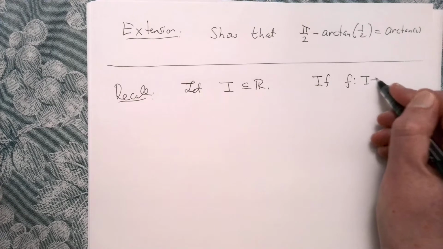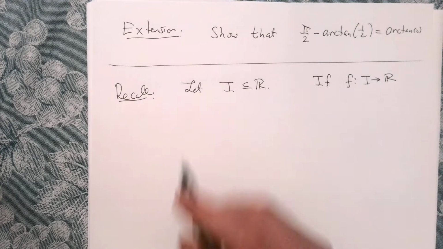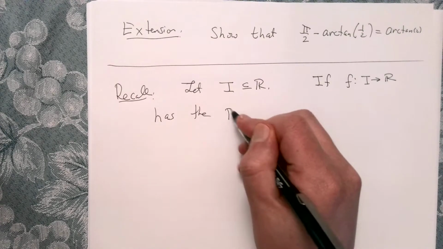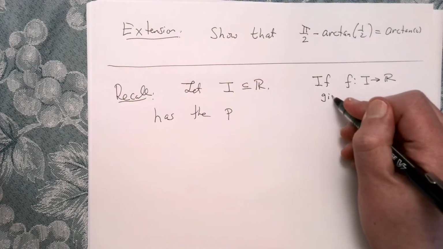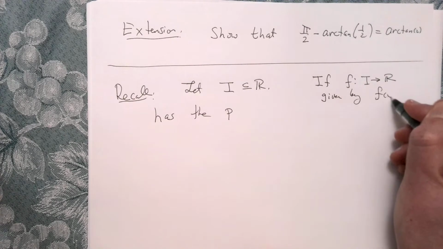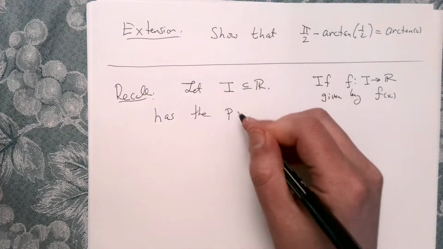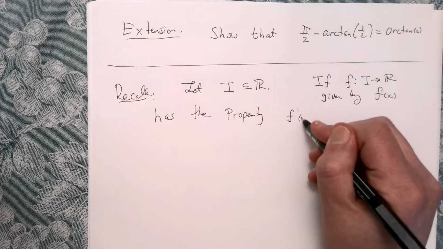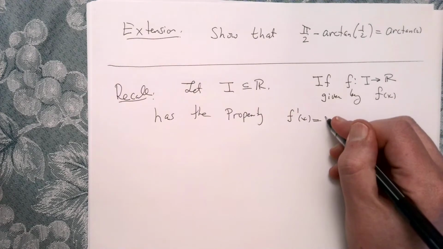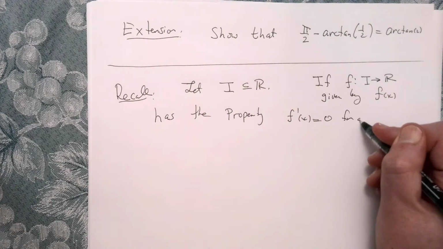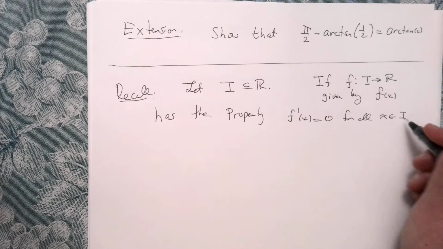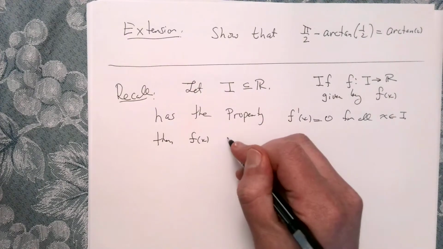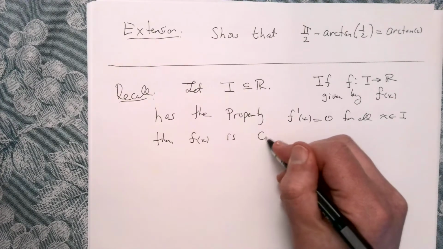If f from I into R, given by y equals f of x, has the property that f prime of x equals 0 for all x in I, then f of x is constant on I.